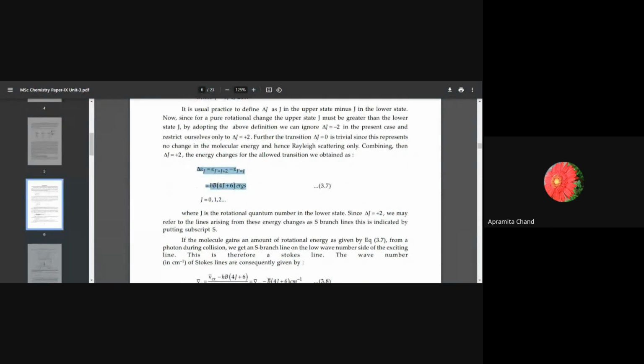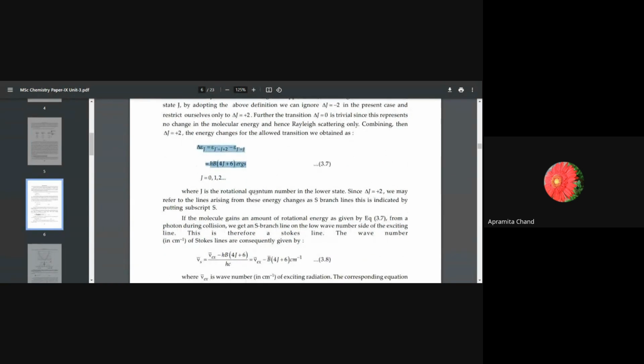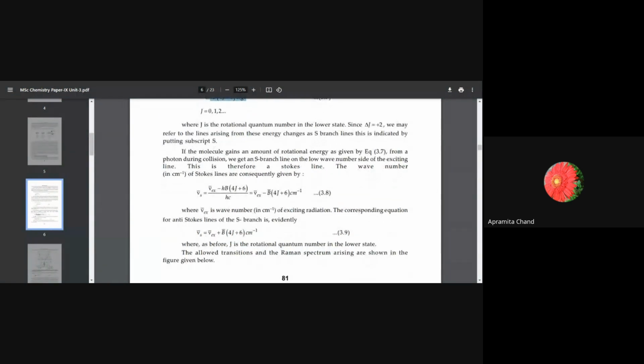So J is the rotational quantum number in the lower state, and here delta J is equal to plus 2. First, we refer to the lines arising from these energy changes as the S branch. Suppose for the S branch we take the Stokes line. You will always get the Stokes line on the low wave number side of the exciting line.